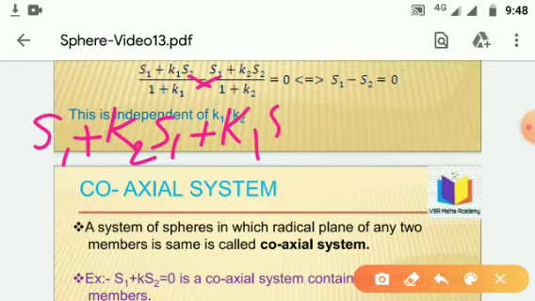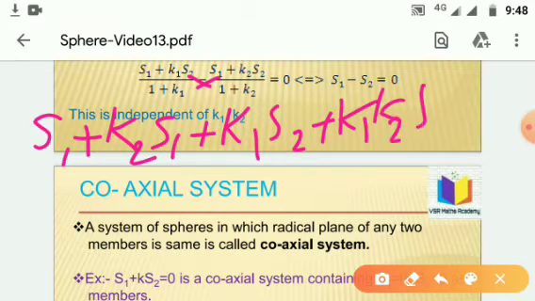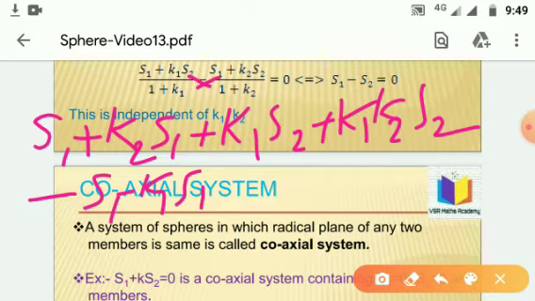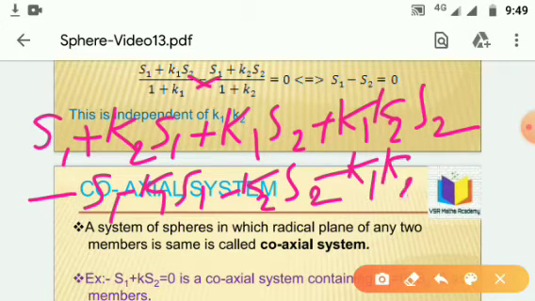Therefore, K1 S2 plus K1 K2 S2 minus (1 + K1) into S1 minus S1 minus K1 S1, (1 + K1) into K2 S2 minus K2 S2 minus K1 K2 S2 is equal to 0.